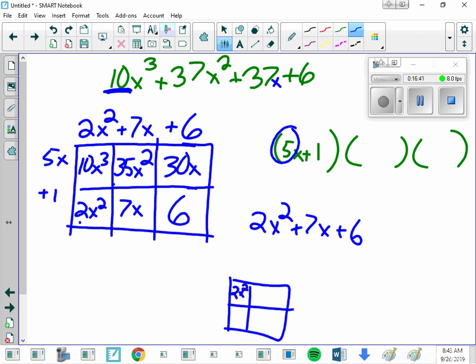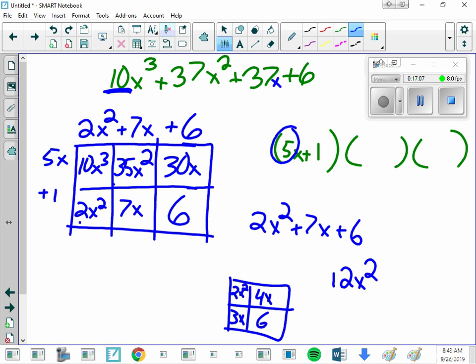2x squared and 6. And Seppi, this is the one that you have to stick in the box because there's a leading coefficient. At least I don't know how to do it without it. Multiply those together and I get 12x squared. Are there factors of 12x squared that add to be 7x? 3x and 4x. So 4x and 3x.